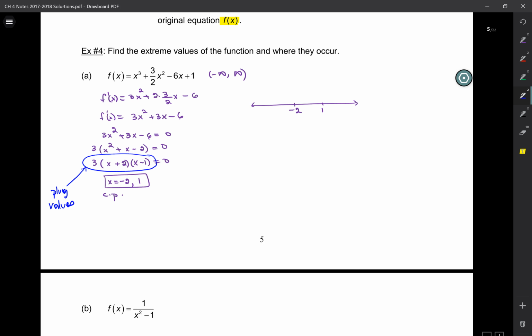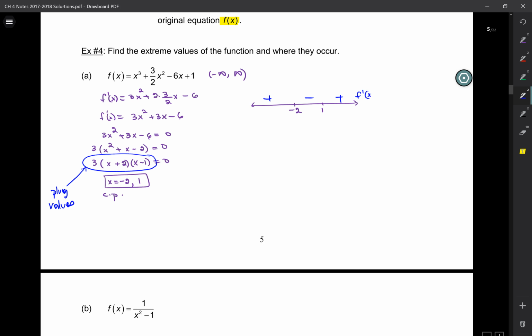When I plug it into this, that gives me another negative. So it becomes negative times negative, which is positive. Next, plug in 0. First parenthesis gives me positive, then negative, so it's negative. Plug in like a 2, I get positive. Okay? So this is f prime of x.